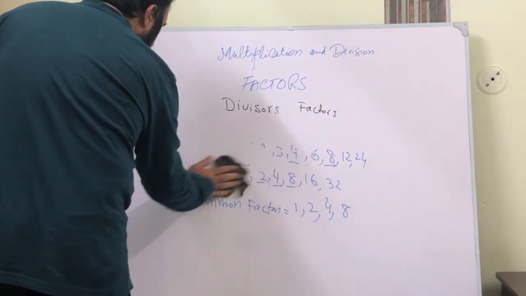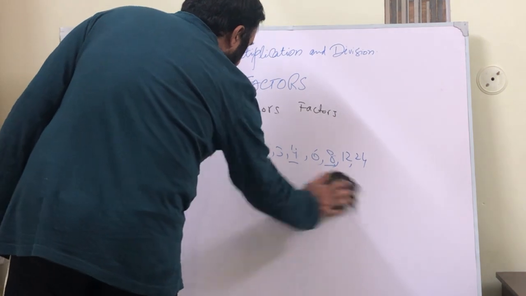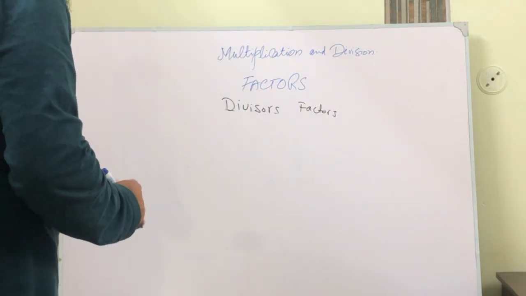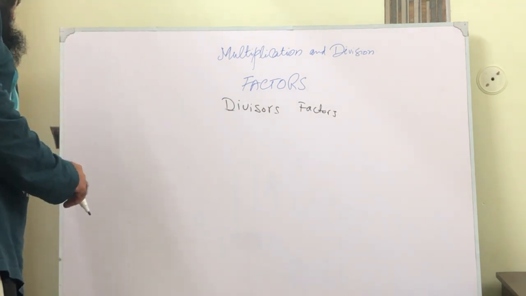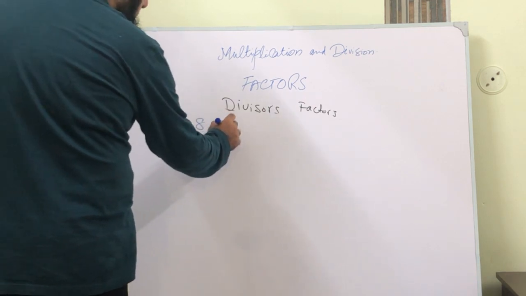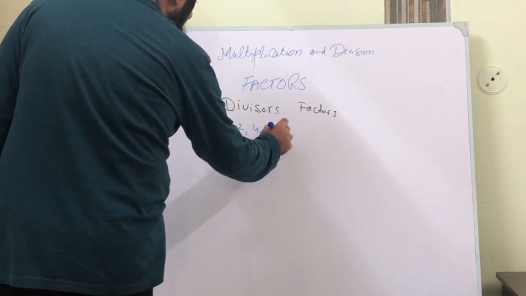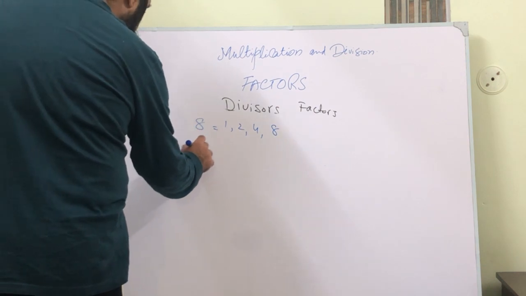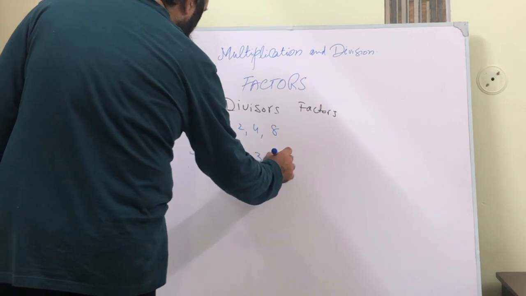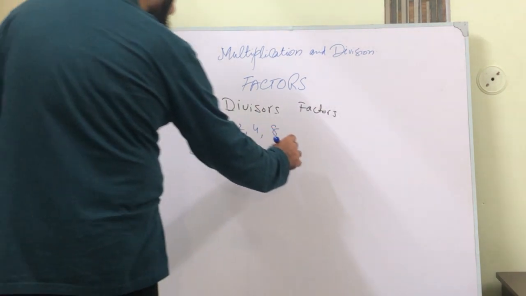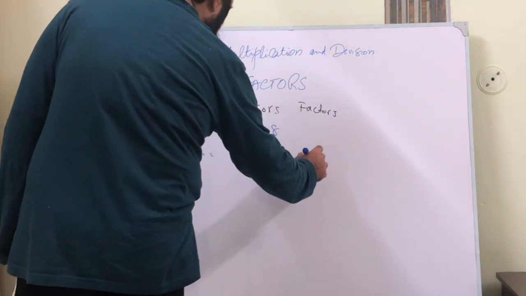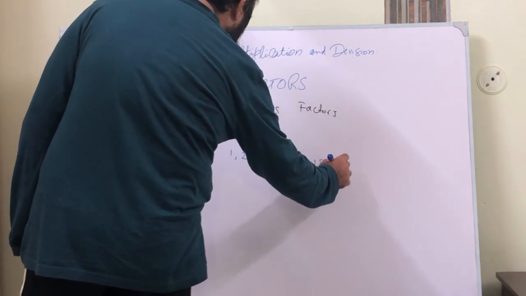Now we want to move ahead. We'll see what's coming on our way on page number 7. What are the common factors for 8 and 36? We'll be quick here. Factors of 8 are 1, 2, 4, 8. For 36, we have 1, 2, 3, 4, 9, 12, then 18, then 36.